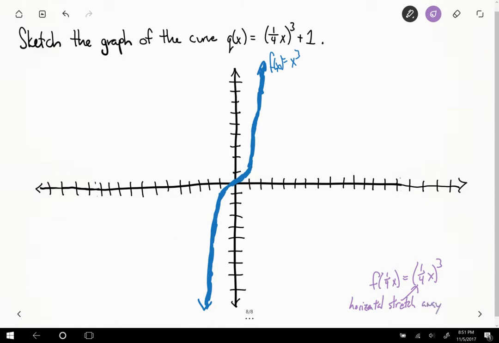away from the x-axis, or not x-axis, my apologies, the y-axis, by a factor of, well, it'd be 1 divided by 1/4, and that becomes, so a factor of 1 divided by 1/4 is just 4.